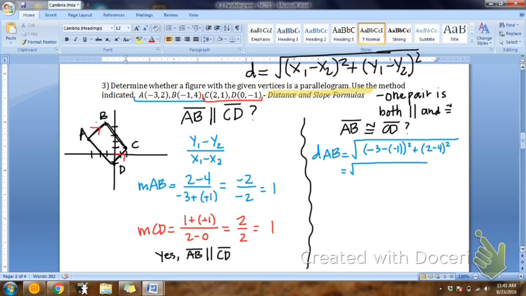Carry it down. Are you getting the square root of 8?